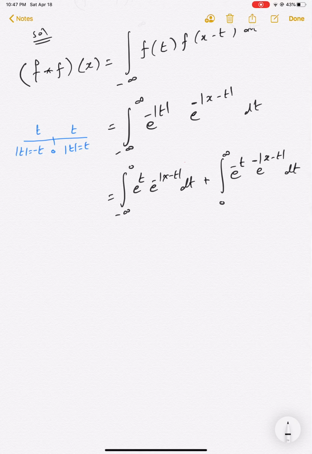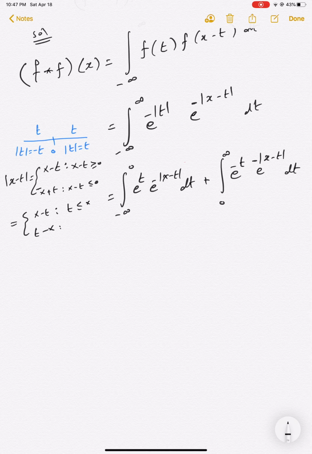What do we mean by the absolute value of x minus t? This is x minus t when x minus t is positive, and minus (x minus t), that is t minus x, when x minus t is negative. So that's x minus t if t is less than or equal to x, and t minus x if t is bigger than or equal to x.